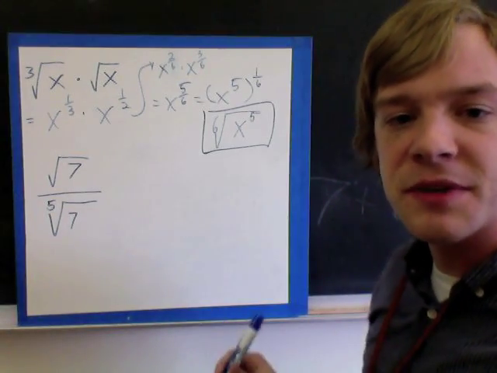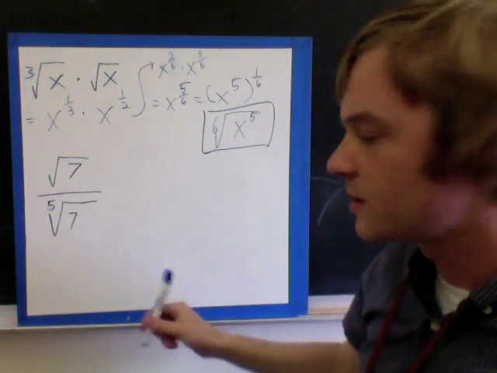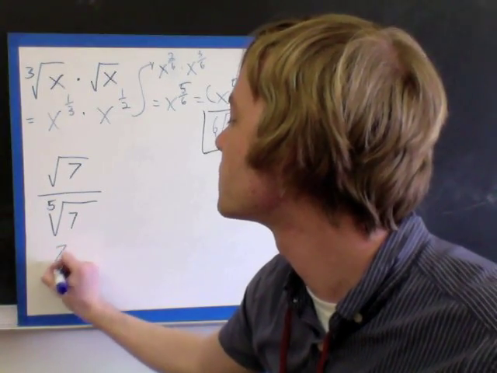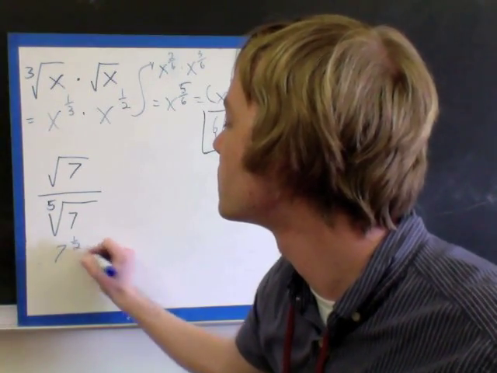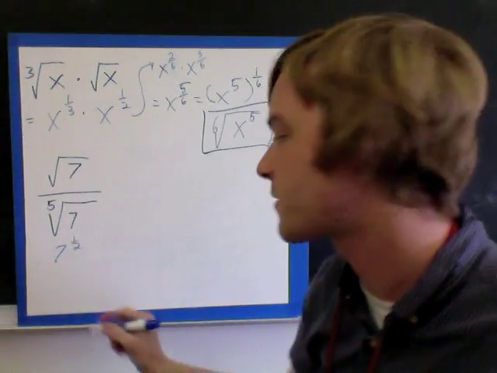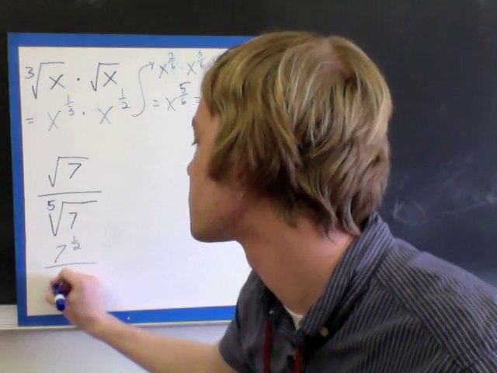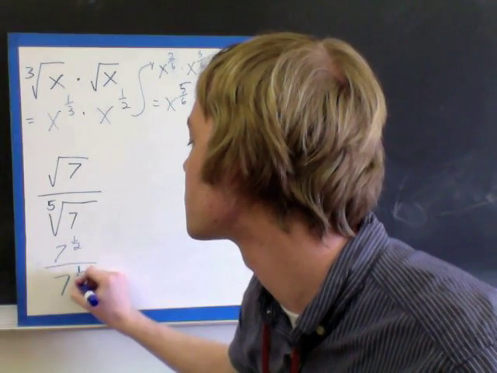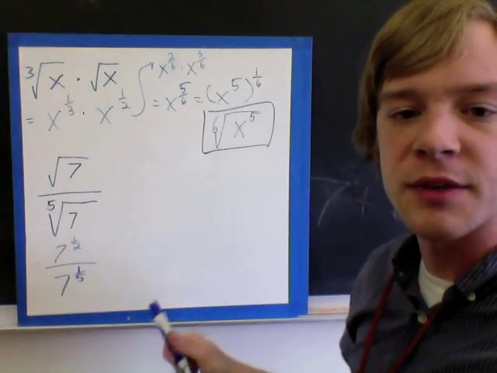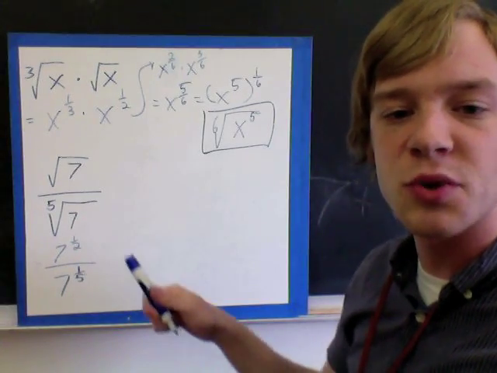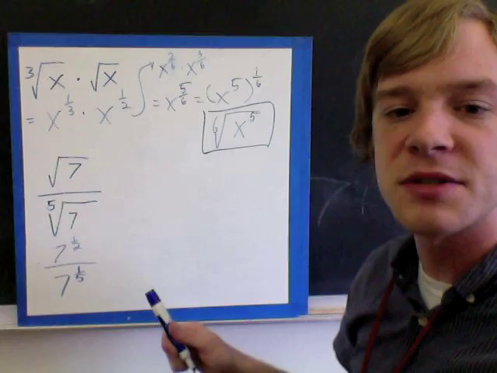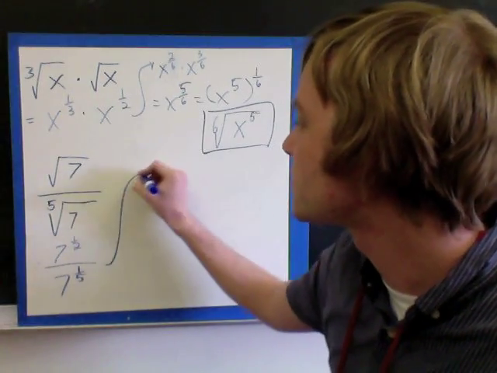Now we want to do the same thing down here with these 7s. So we've got 7 to the power of 1/2 and then 7 to the power of 1/5. So I've got my two fractions there, and if you remember, division means we're going to subtract our fractions, but once again I've got to convert these to have the same denominator.